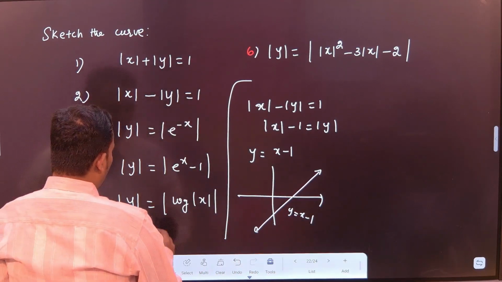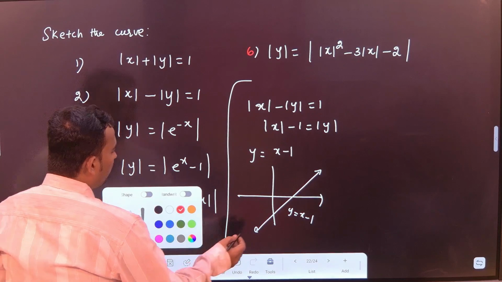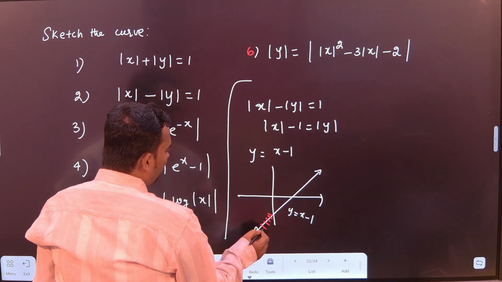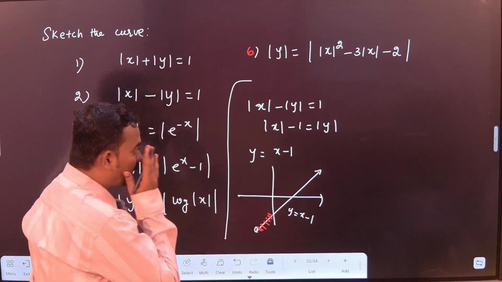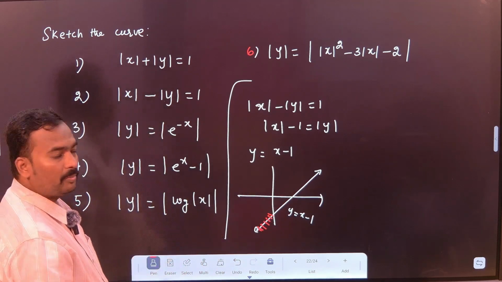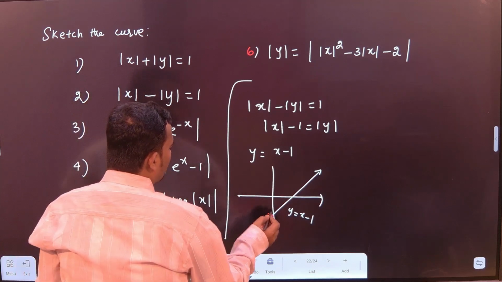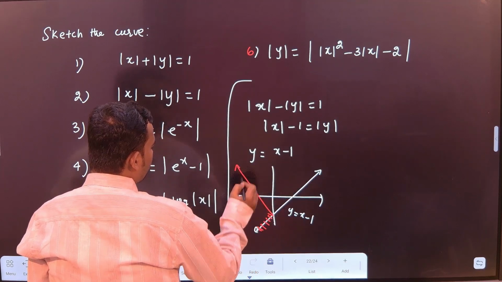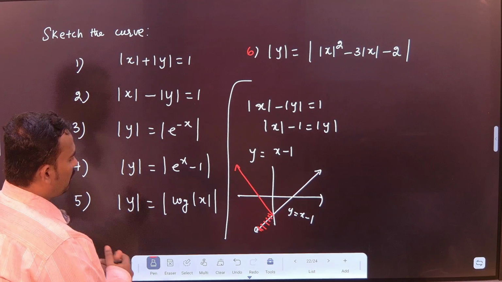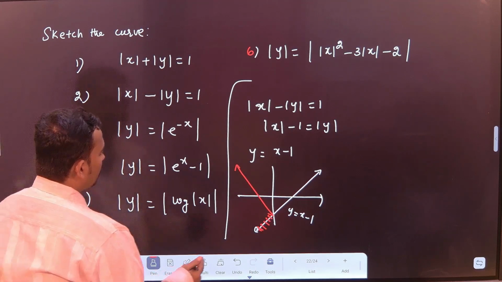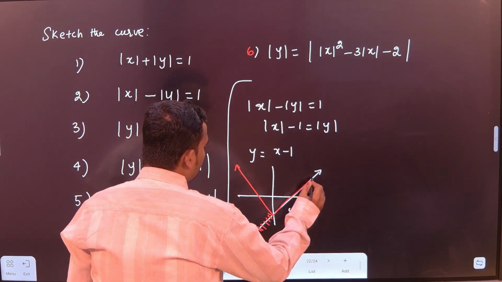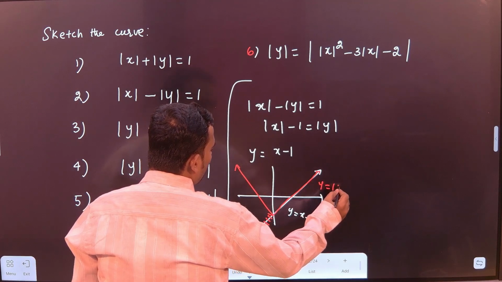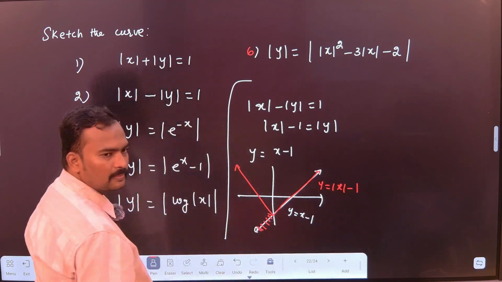Okay, then you can apply x by mod x. x by mod x means what? Negative x, x less than 0 is there, no? You have to remove it and take whatever the right side portion is there, take the image of this. Okay, this is your graph of y is equal to mod x minus 1, right?